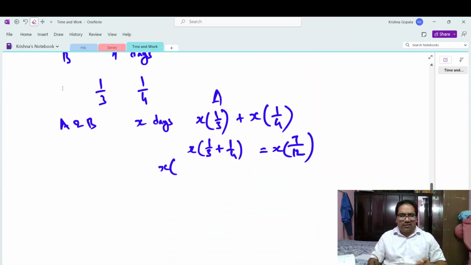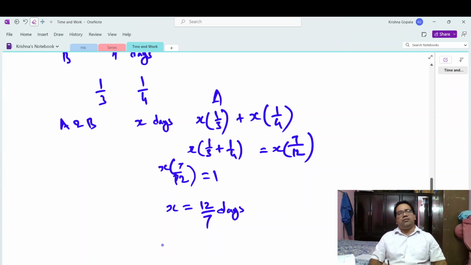Ideally, X into 7 by 12 should be equal to 1, the complete work. That means X equals 12 by 7. In 12 by 7 days, they together will complete the work. Simple.